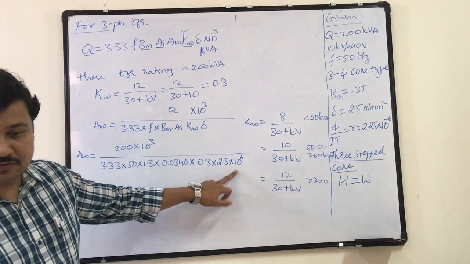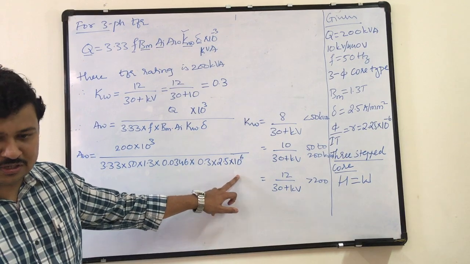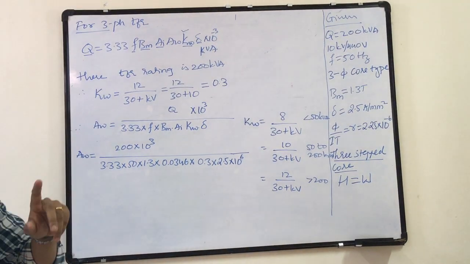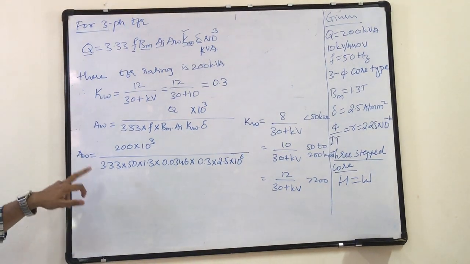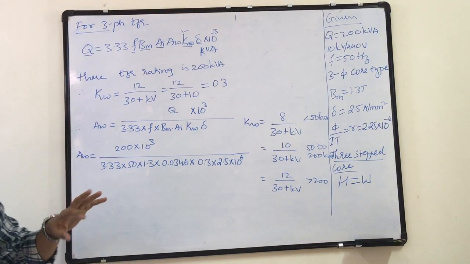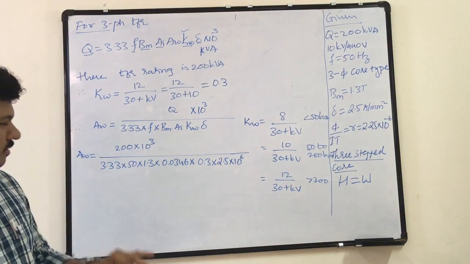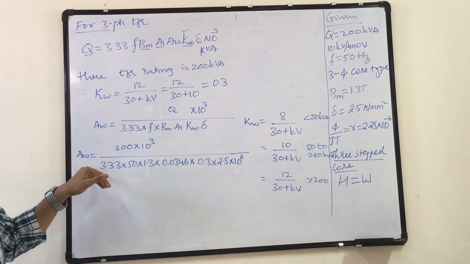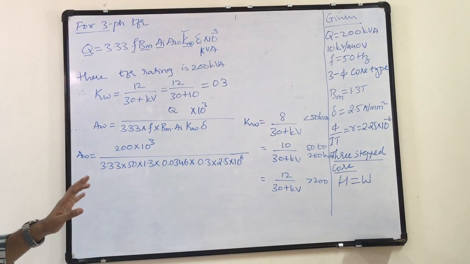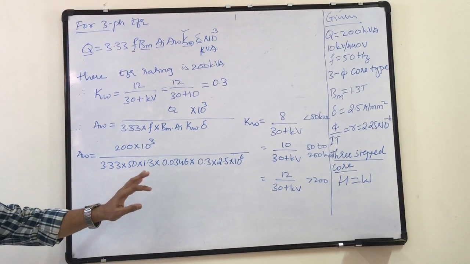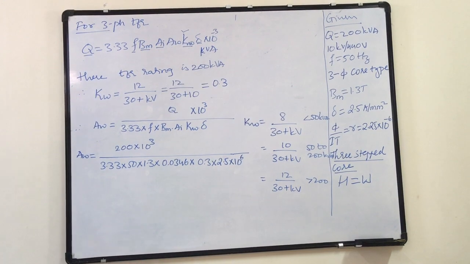You should be very careful about this, because if you don't do this, my area of window will come in thousands of kilometers square. That becomes a completely absurd dimension. So you should be very careful about the dimensions you obtain. Those should be realistic. That is the simple cross check.